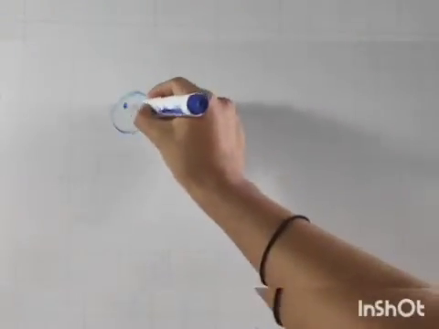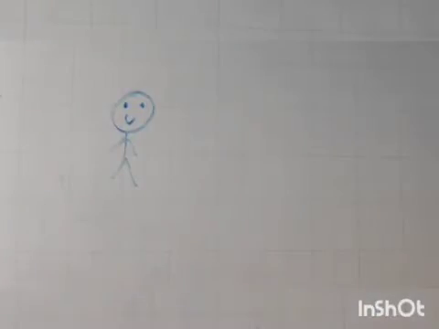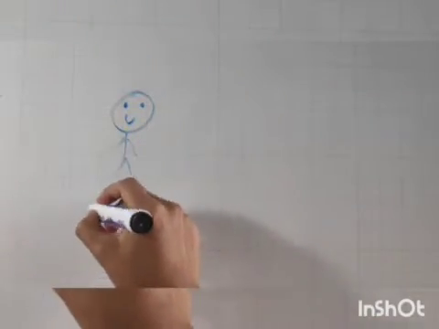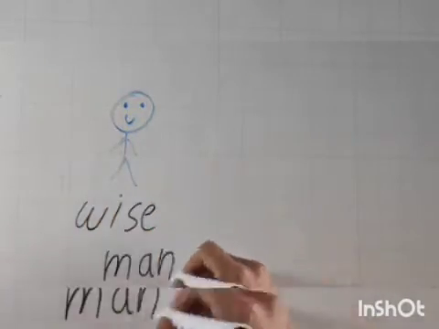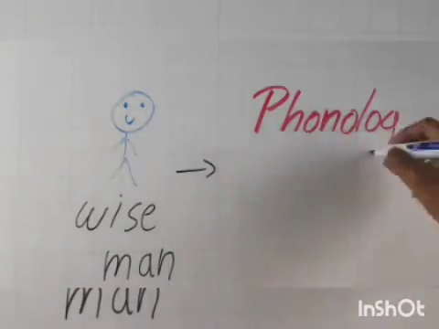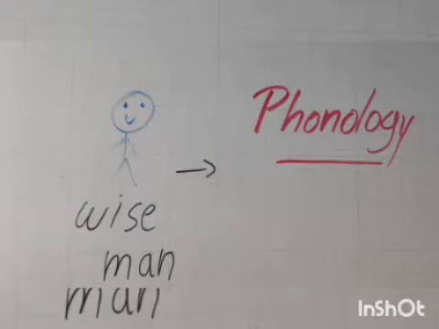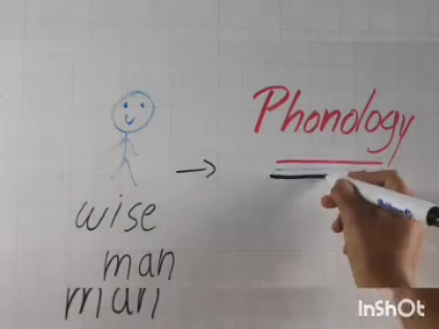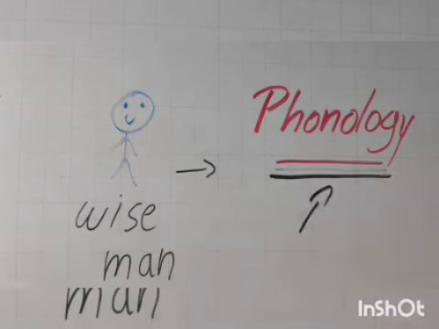The first sound is affected by the last sound. So, a wise man created something called phonology, taking all of this into account. In this video, we're going to look at phonology, okay? Let's remember this.